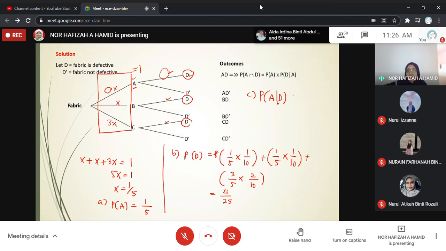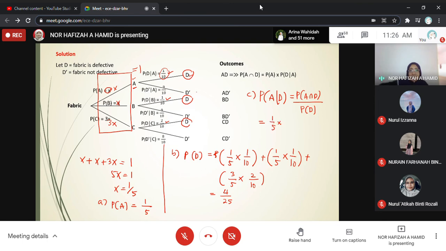Probability of A given D is equal to, the formula is A intersect D over the probability of D. Okay, so for A intersect D, you have A is 1/5 times D. So we refer to the diagram. A intersect D means you have A is 1/5 and D is 1/10.